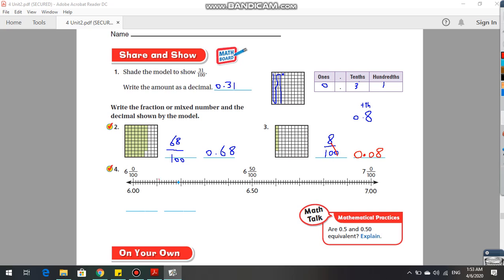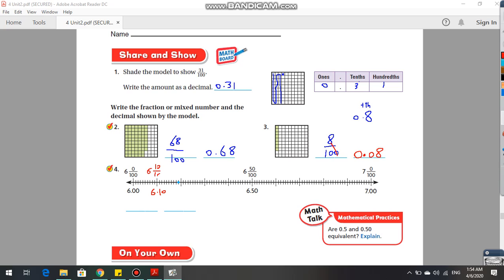Now guys, he wants me to find this number as a fraction and a decimal. Let's see. I have here 6. So here is 6.10. Or if it's easier for you to write it as a fraction, so it's 10 over 100.